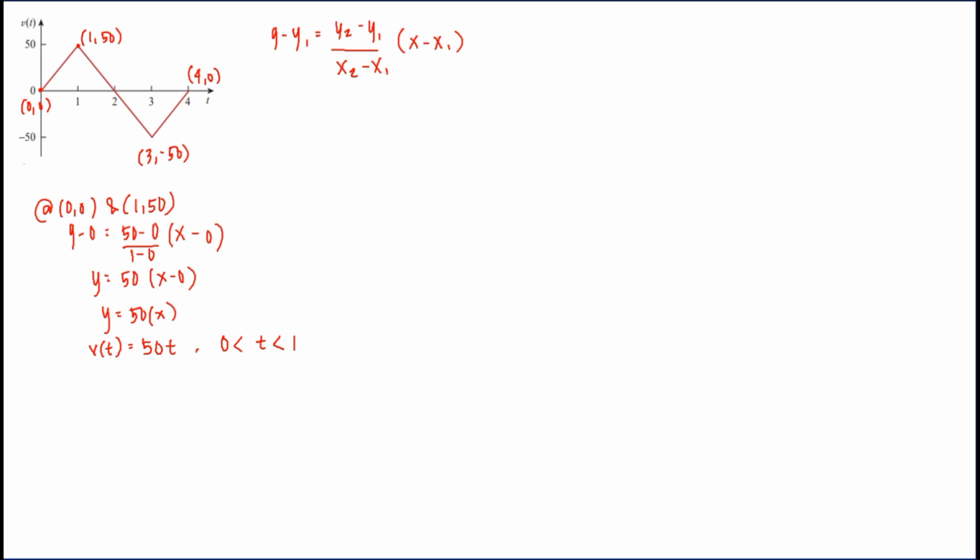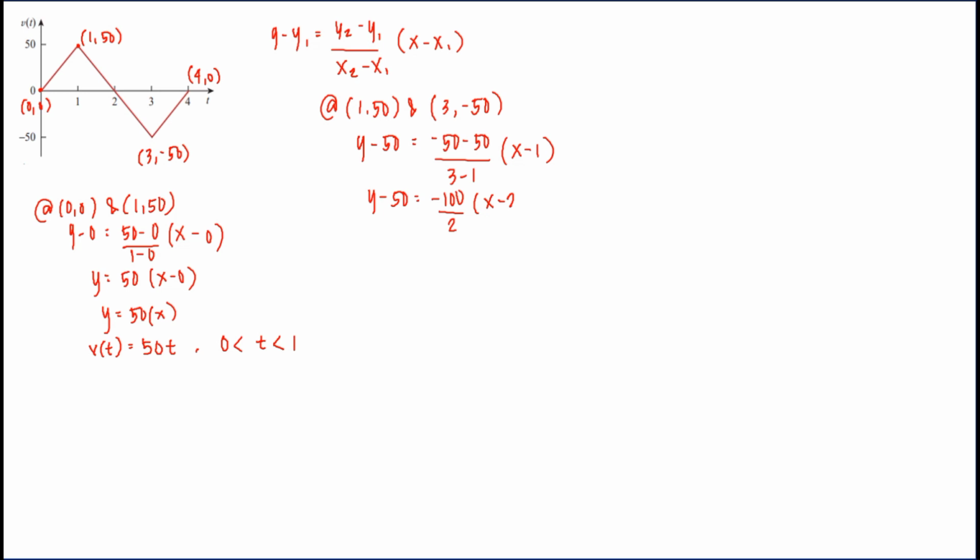Now, next points to consider are 1, 50 and 3, negative 50. So y minus y1, which is 50, is equal to (negative 50 minus 50) over (3 minus 1), times (x minus 1). So this will be y minus 50 equal to negative 100 over 2 times (x minus 1).